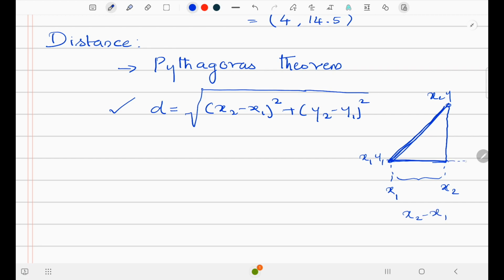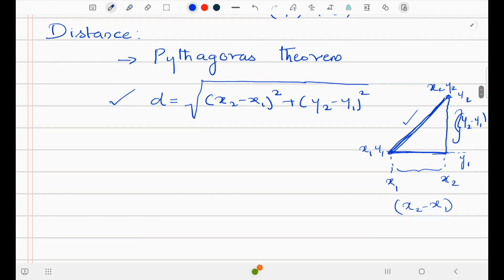Similarly, the lower value is y1 and the higher value is y2, so the distance here is y2 minus y1. Clear?